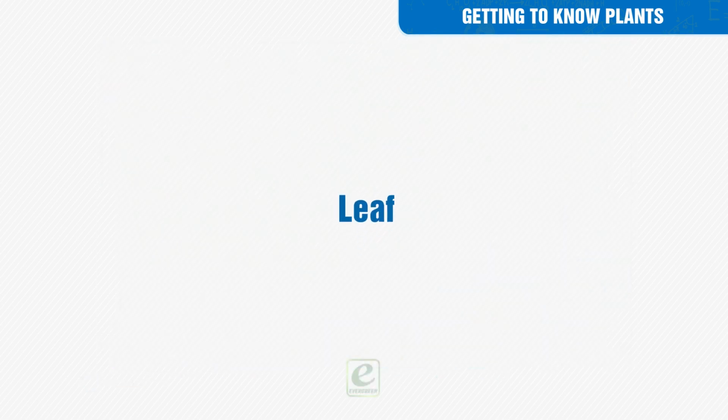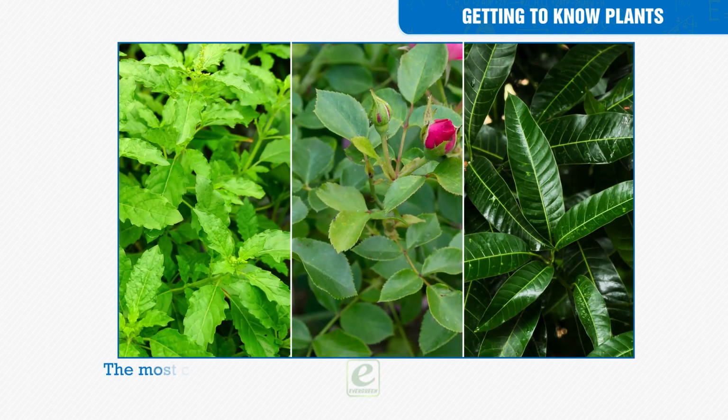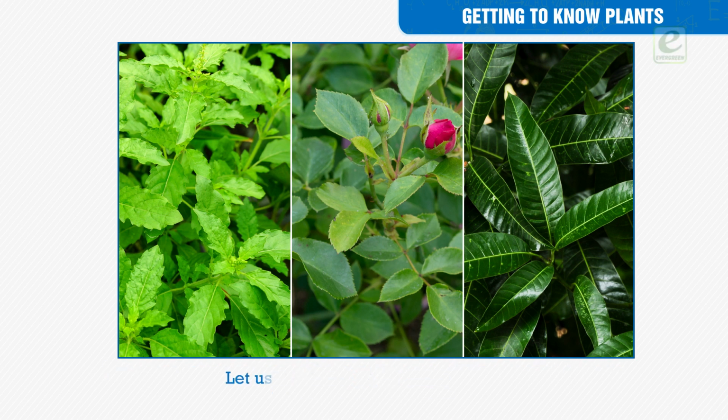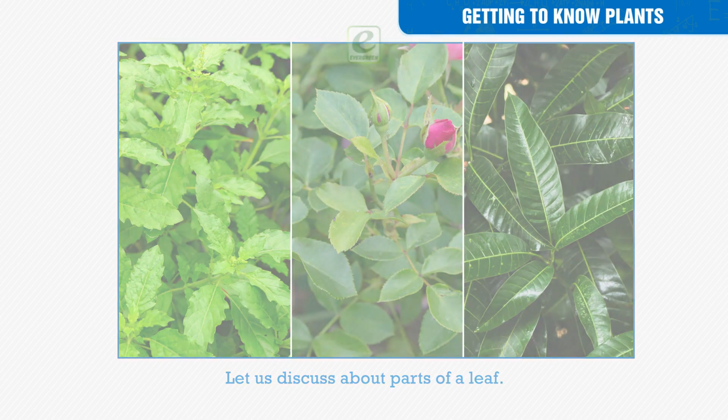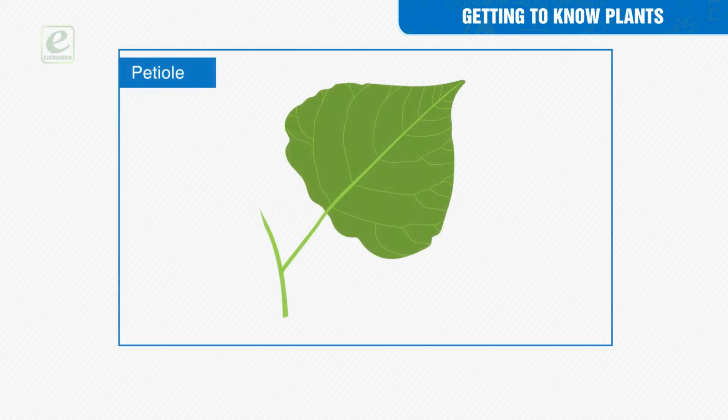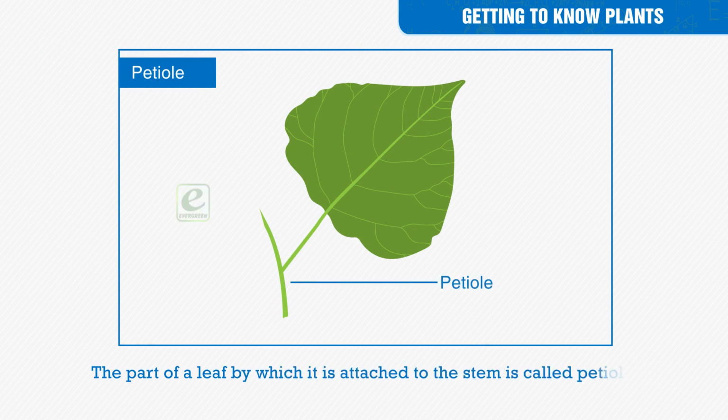Leaf. The most common part which can be seen of these herbs, shrubs, and trees is the leaves. Let us discuss about parts of a leaf. Petiole. The part of a leaf by which it is attached to the stem is called petiole.